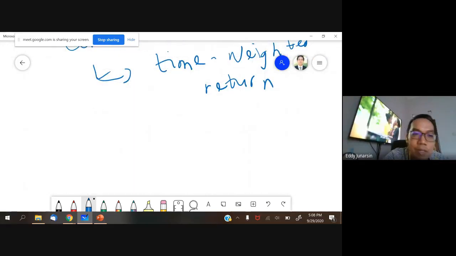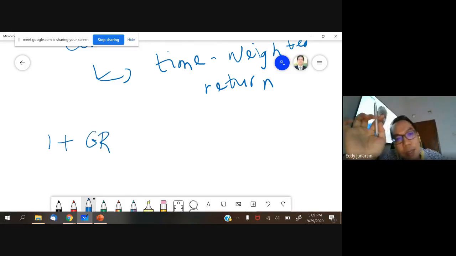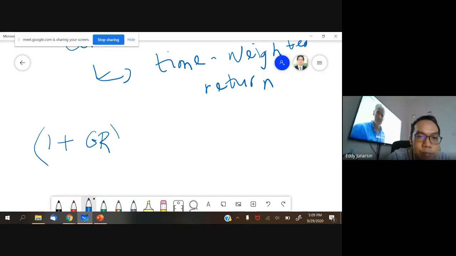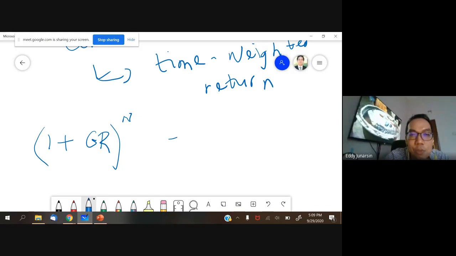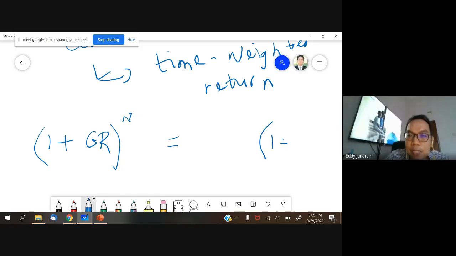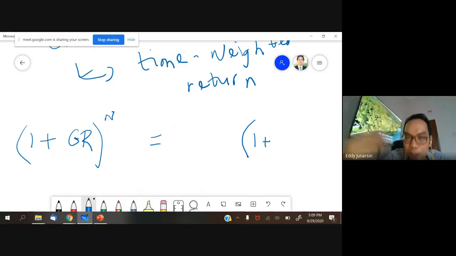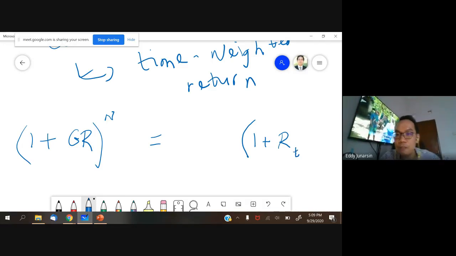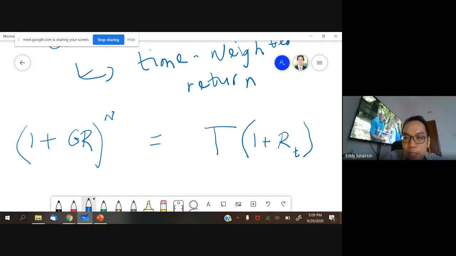So let's imagine you have 1 plus your geometric return to the power of n. This will be a function of 1 plus the periodic return, the holding period return that we saw before, for period t, and then we take the pi.